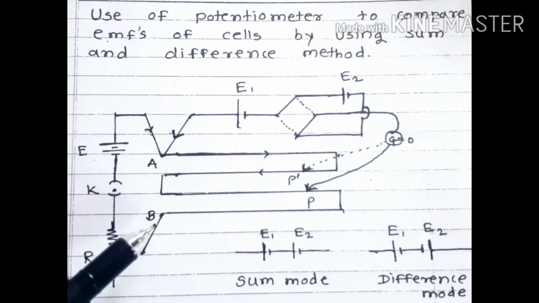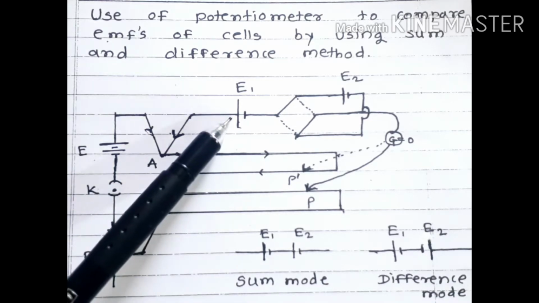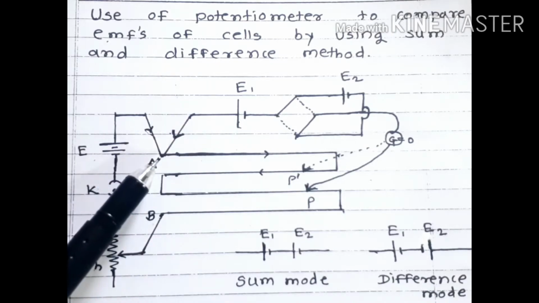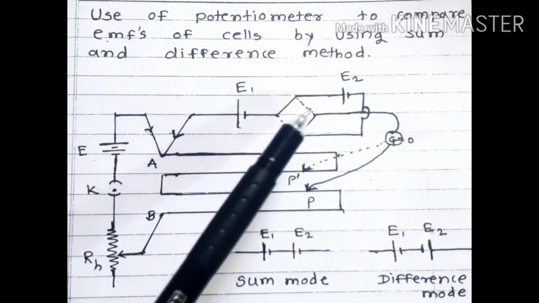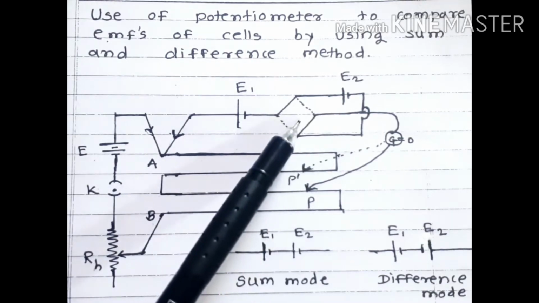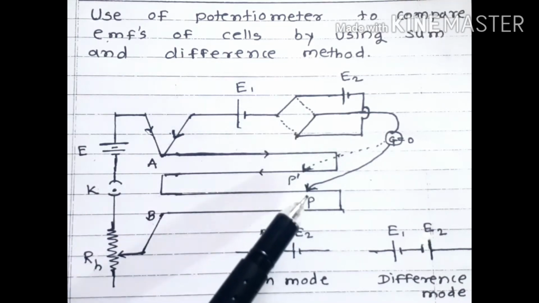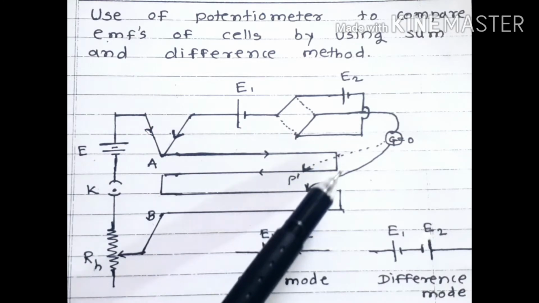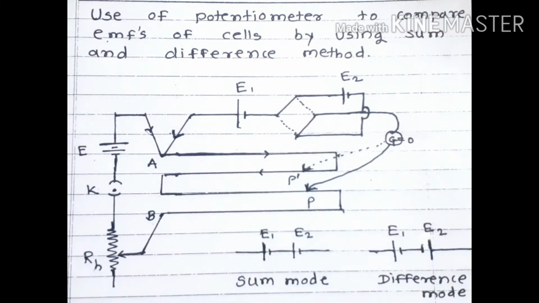This is the circuit useful to compare the EMF of two cells by using the sum and difference method. Here the jockey is connected to the combination of cells with the help of a galvanometer.